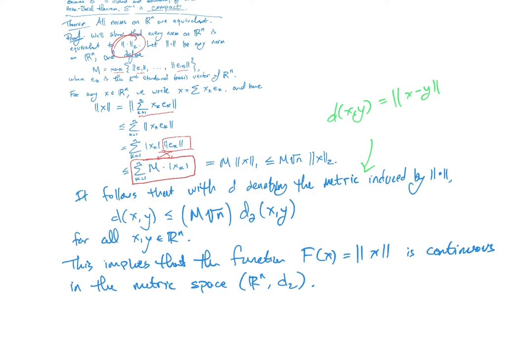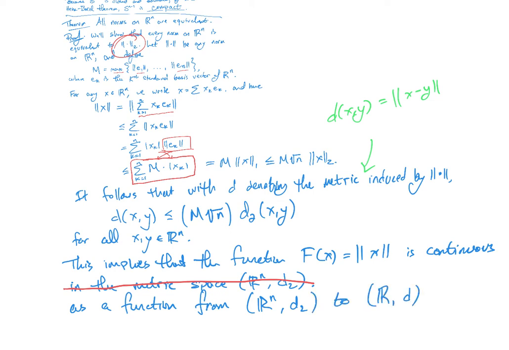So notationally, I can't say what I just said. You're right. This is continuous as a function from Rn, d2 to the real numbers with the normal distance.